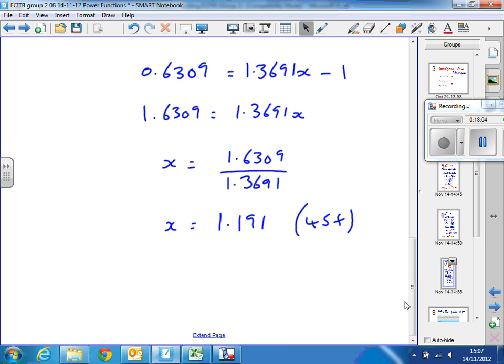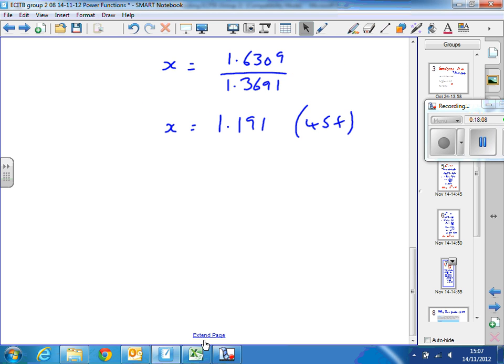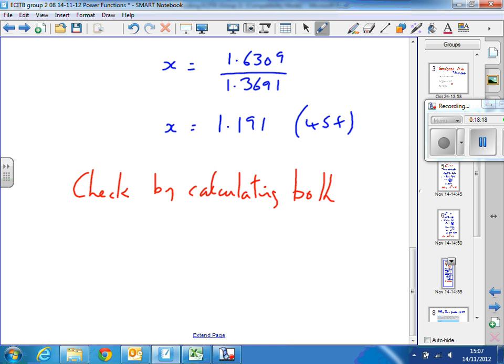So that's how you check. So check by calculating both sides of the original equation and see if you get the same answer.